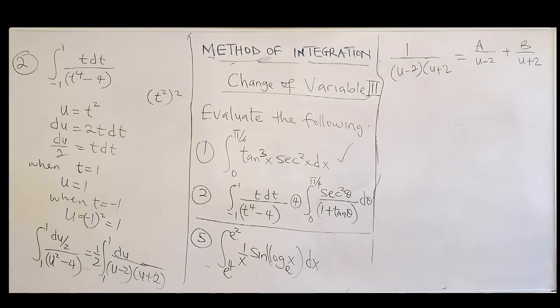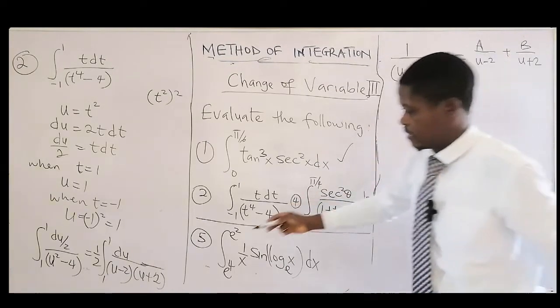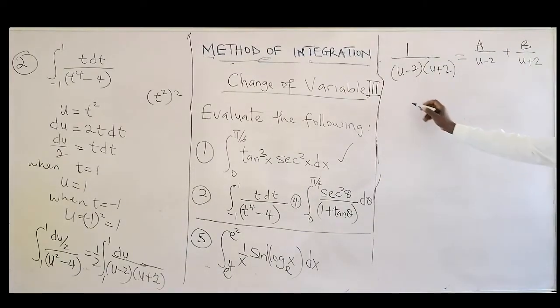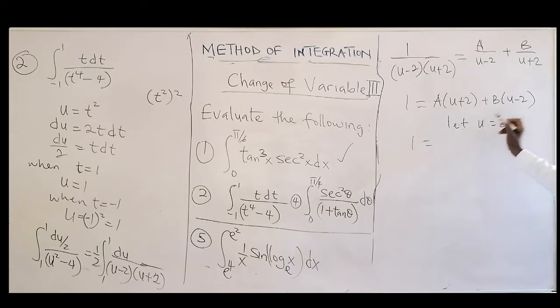Resolve the partial fraction before the integration, and that gives 1 equals a(u plus 2) plus b(u minus 2). Let u equal 2. We have 1 equals 4a, so a is 1 over 4.